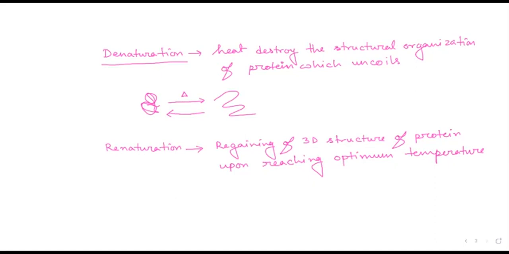Do you think it's always possible to reverse the uncoiled structure into the coiled one? No. It is only possible within a narrow range of temperature. Once you cross that limit, the protein will go for degradation.